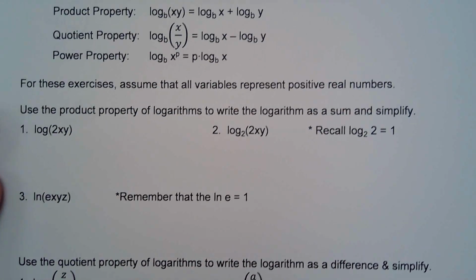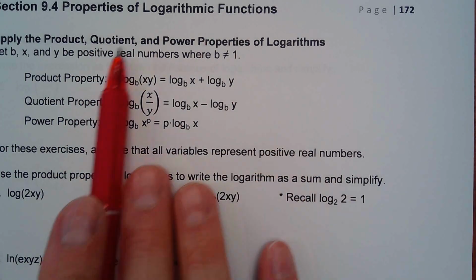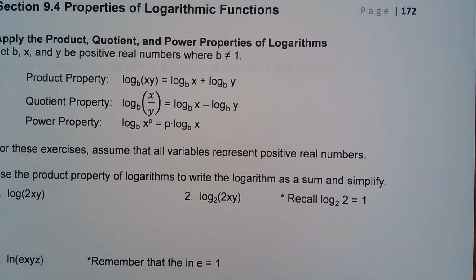So let's turn to our workbook, and they give you a quick summary of those last three properties we talked about. And here we want to use the product property of logarithms to write the log as a sum and simplify.